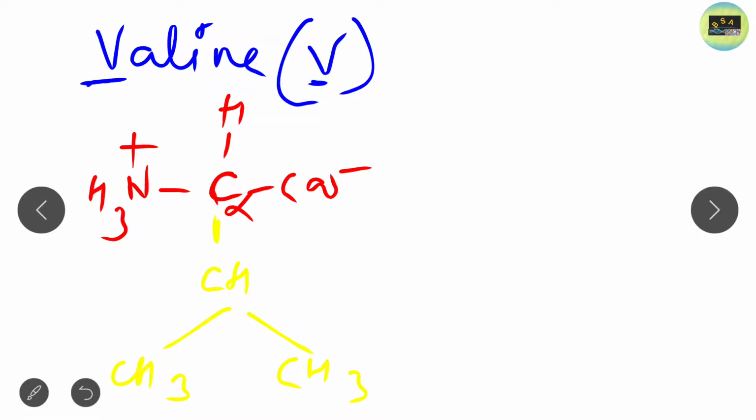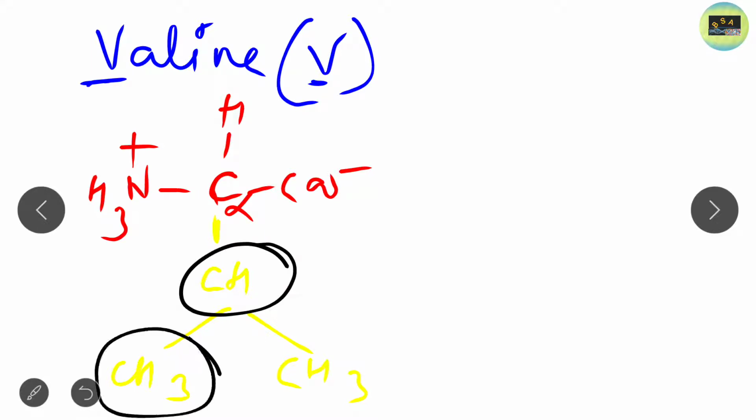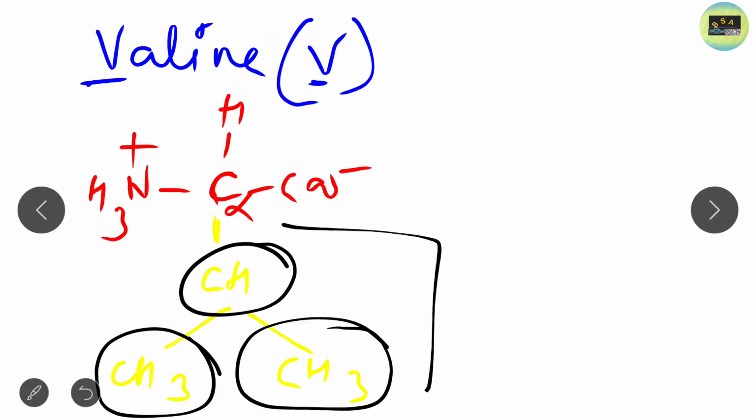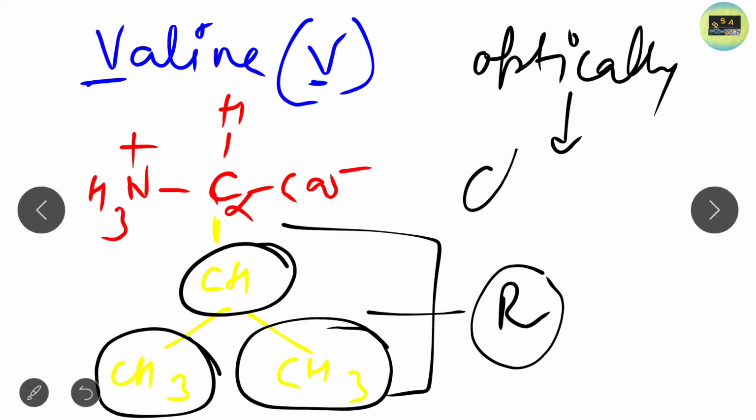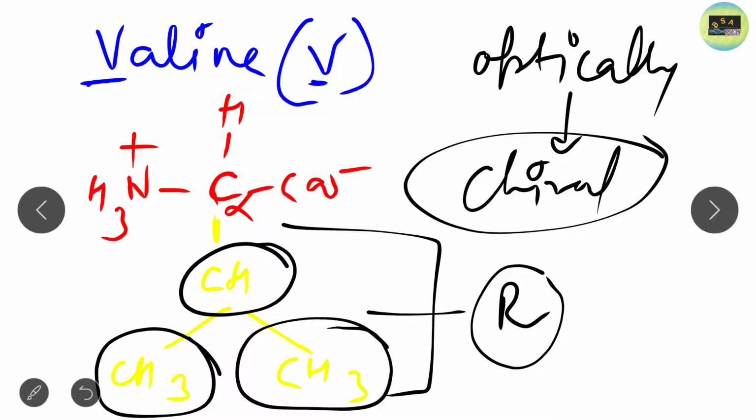In alanine we see that the CH3 is present here, so in valine we just remove this and put CH, and then put CH3 here and here. So this is the structure of valine. This is the side chain of valine. Clear? Okay, so valine is also optically active and chiral in nature, it shows chirality. Clear? So this is about valine.